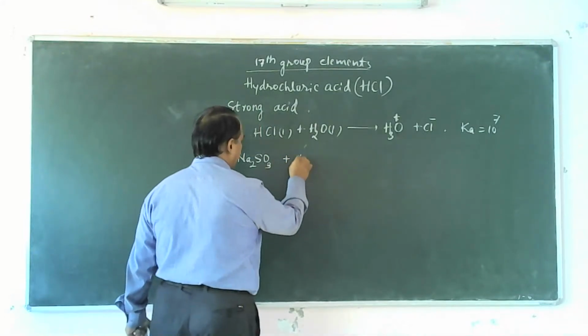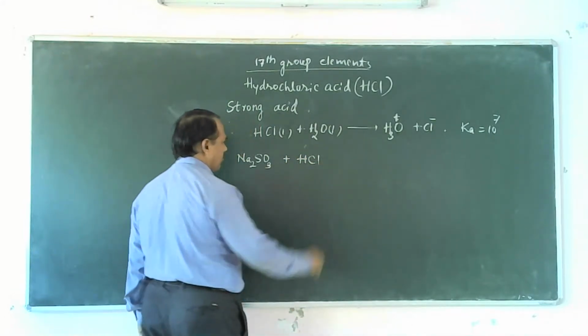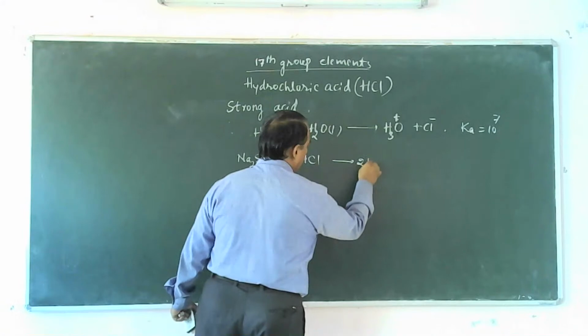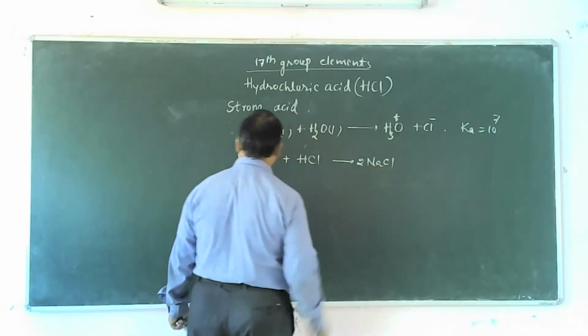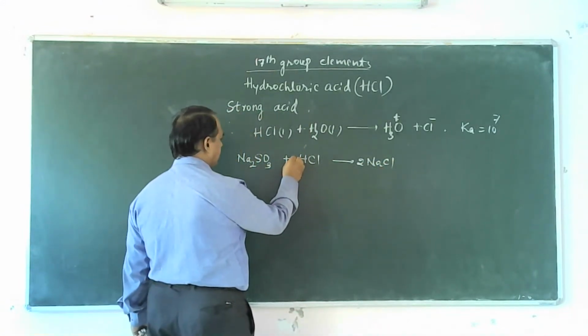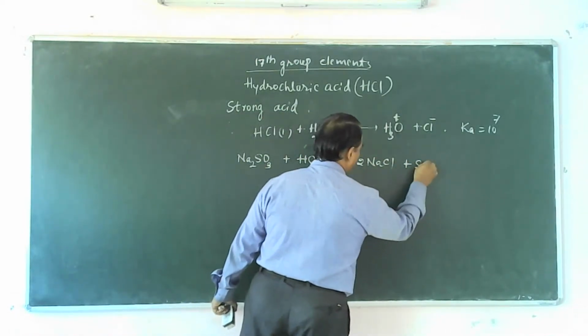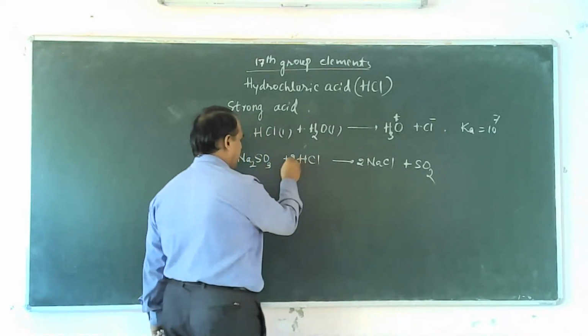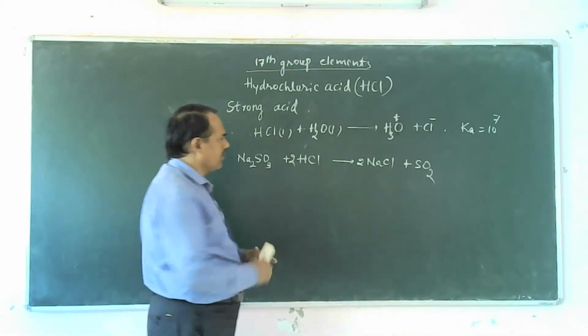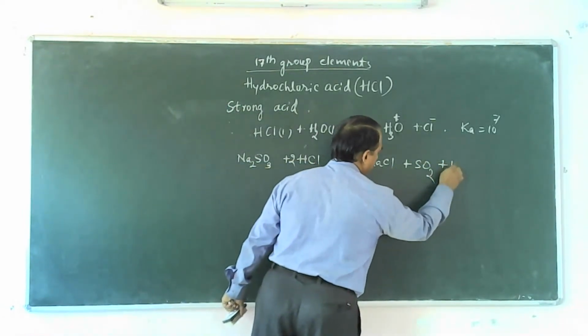When it reacts with hydrochloric acid, you will get 2NaCl, again SO2, and H2O.